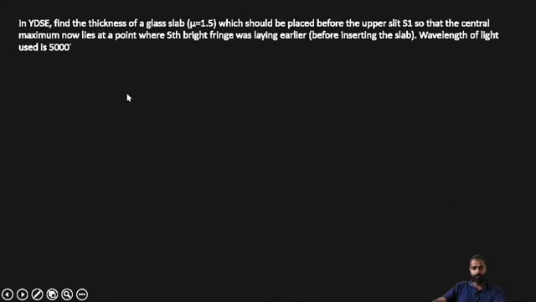Then I want to do one problem. In this problem, in the YDSE experiment, find the thickness of the glass slab. A refractive index is given. It should be placed before the upper slit S1, so that the central maxima now lies at a point where the fifth bright fringe was lying earlier, before inserting the slab.